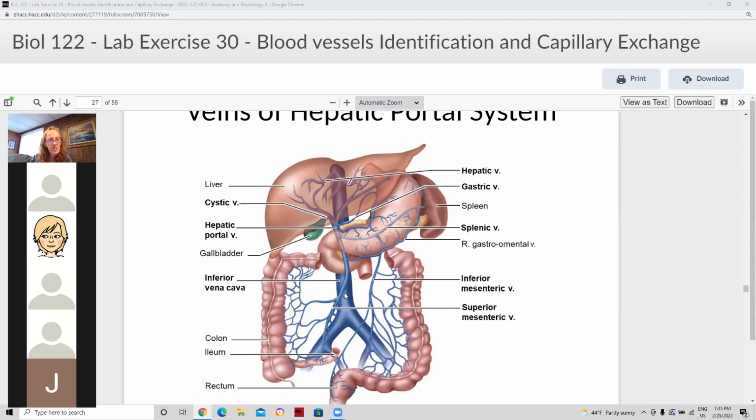What does the liver do? The major purpose of the liver is detoxification.